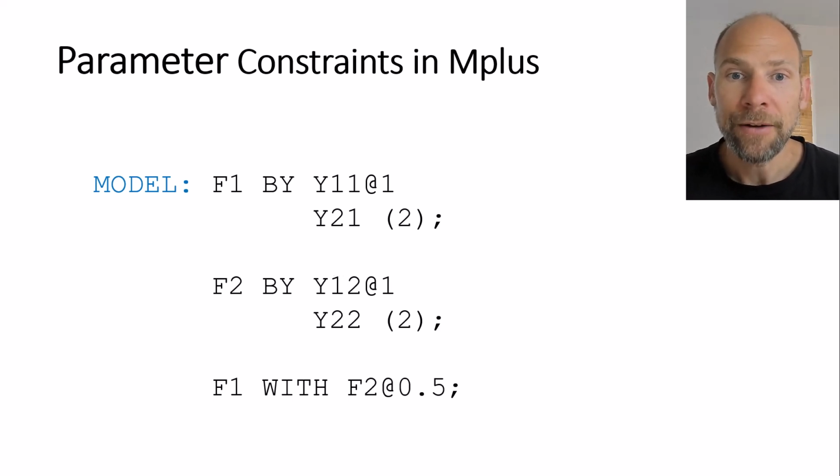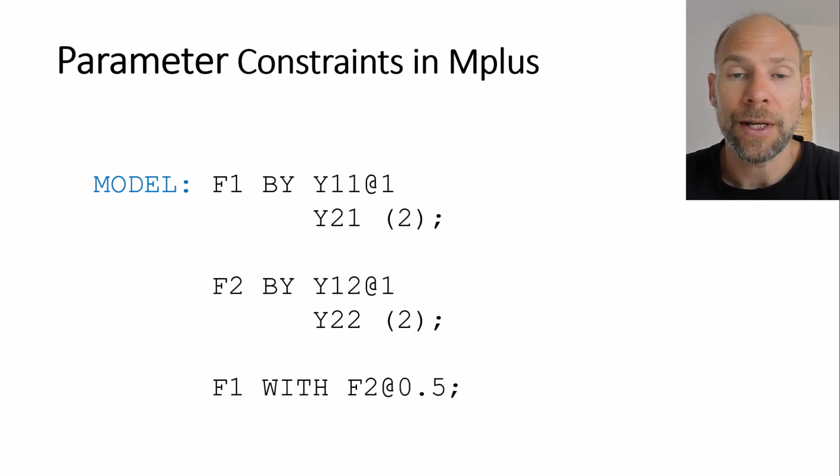The second factor loading and subsequent factor loadings would normally be estimated freely, and so here in Mplus we are constraining the second loading equal across factors by giving it the same parameter label, and a parameter label in Mplus is given with parentheses, so a number or label with words or letters can be used.